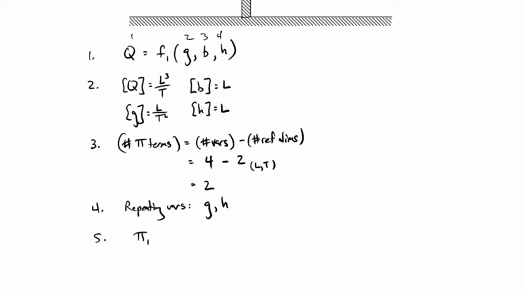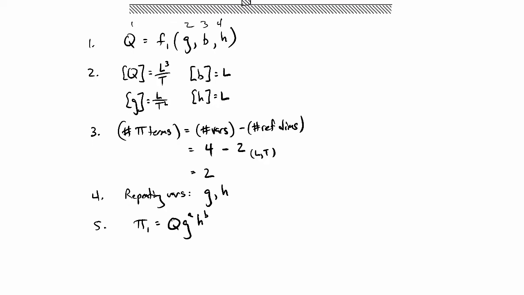So the first pi term will involve Q. I'll multiply it by each repeating variable raised to a power. I'll write down those variables in terms of their dimensions. So pi 1 will just be length to the 0, t to the 0. When you raise something to the 0 power, it's just equal to 1, so the left-hand side is dimensionless. The volumetric flow rate we said was L cubed over time.